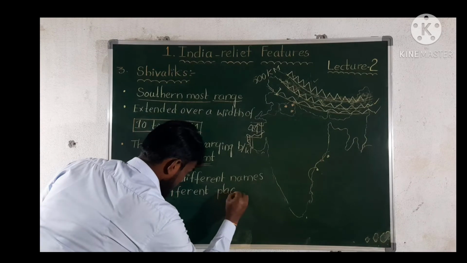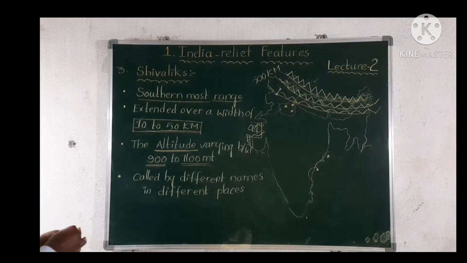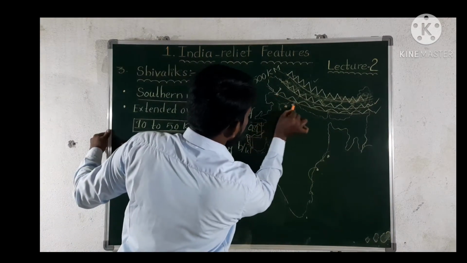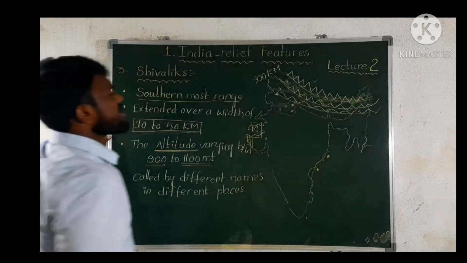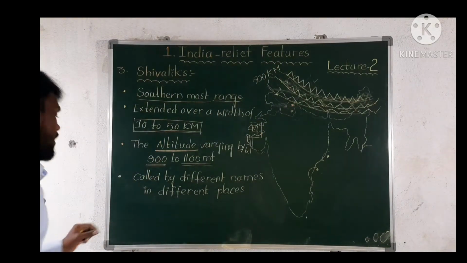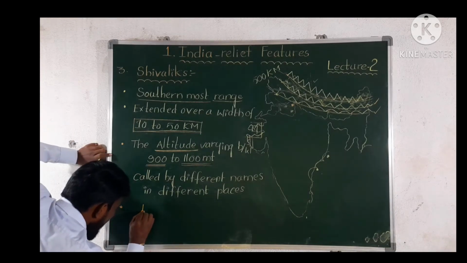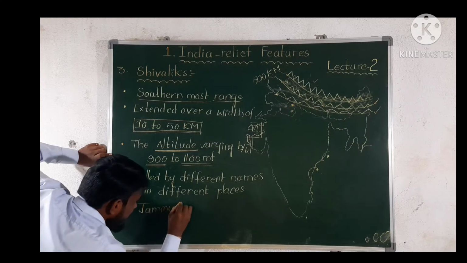First, in the Jammu region, the Shivaliks are called Jammu Hills.